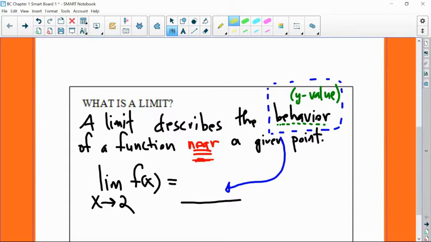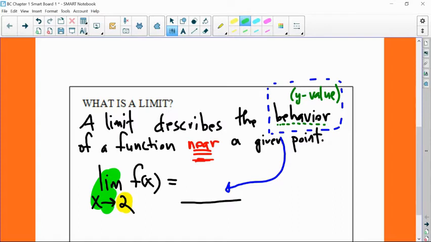Could be an asymptote. Could be a hole. Could be a whole bunch of things. So the given point, let's say in this case the given point was 2. If you want to be near 2, that's what we use this notation, this limit as x approaches 2. So we're going to get close to 2, and it's of the function, and whatever the behavior is, it's a y value. So that's what we're trying to find.